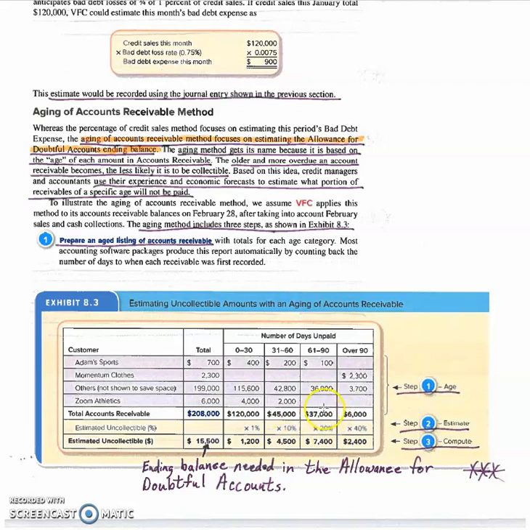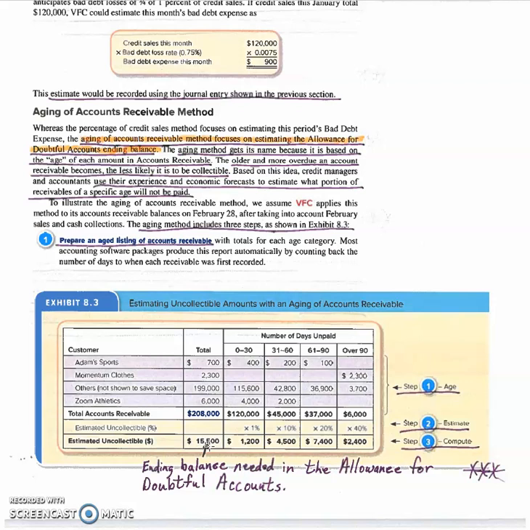The 61 to 90 day category, we estimate 20% of those will be uncollectible. And the over 90 days old category, we estimate 40% of those will prove uncollectible. So we multiply that balance times 40%. Now we add all of these numbers together, and that gives us our estimated uncollectible amount. In other words, the balance we need in the allowance for doubtful accounts account.